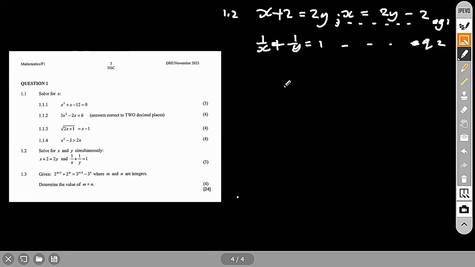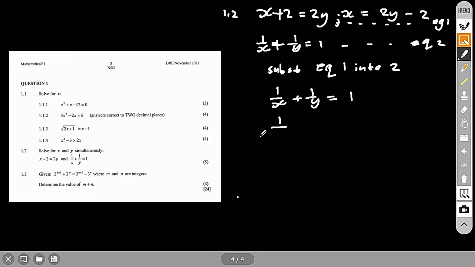Yeah. So when you're done this, you tell the marker substitute. It's fine if you write it like this, abbreviation. Substitute equation 1 into 2. So you write the equation you're going to substitute in first. So 1 over x plus 1 over y equals to 1. Now let's substitute it.